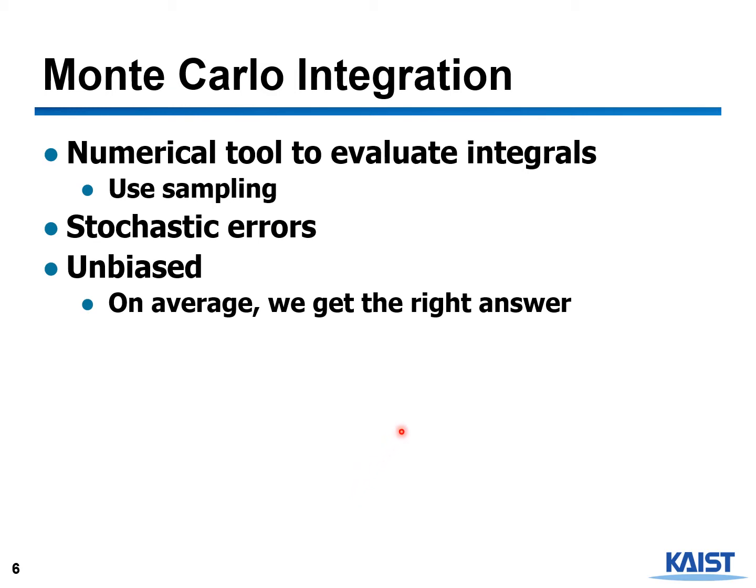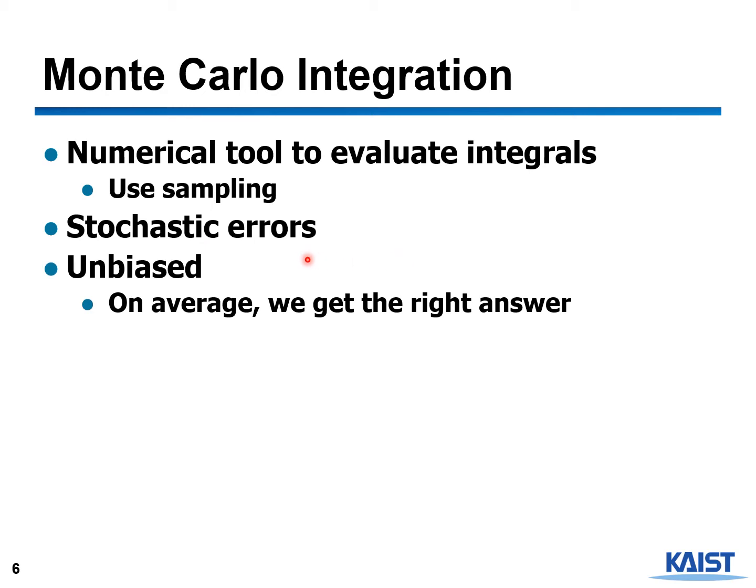Early on, as a numerical approach for solving this kind of complex integral equation, Monte Carlo integration arrived. This is a numerical tool to evaluate integrals. Monte Carlo integration simply uses a sampling technique. Since it uses random sampling, it has stochastic error.